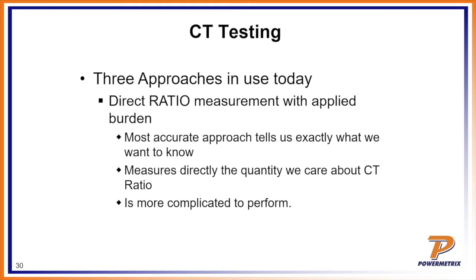So you're looking at the ratio. If I have a 200:5 CT and I'm measuring 200 amps on the primary, I should expect 5 amps on the secondary, right? That's what the ratio test is. You're just measuring what the primary is versus what's coming out on the secondary to make sure that CT is performing well.